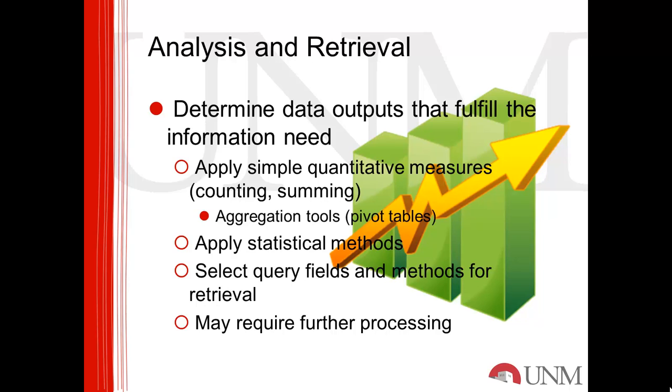So if it's a set of library data, do we want users to be able to query against the title, authors, the date? Do we really need them to query against publisher?